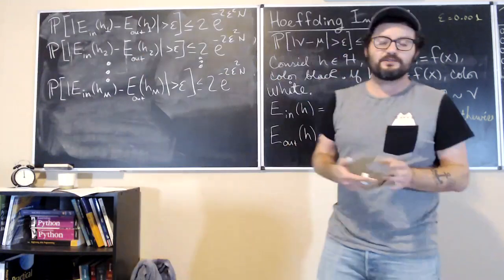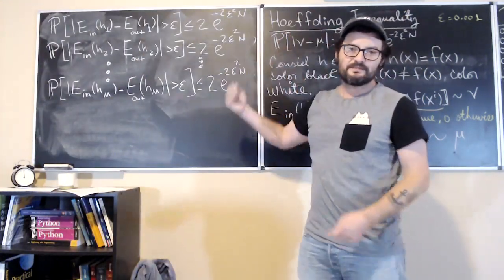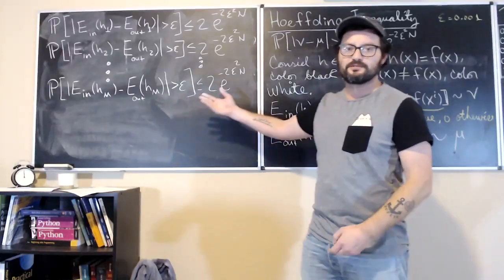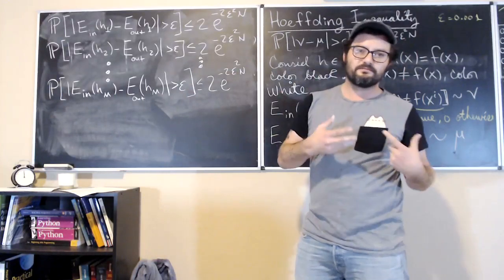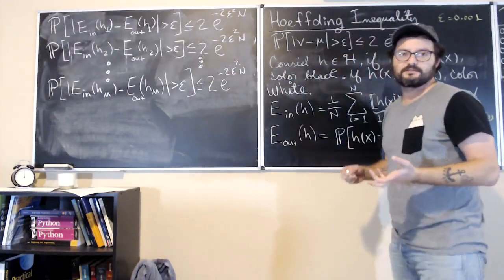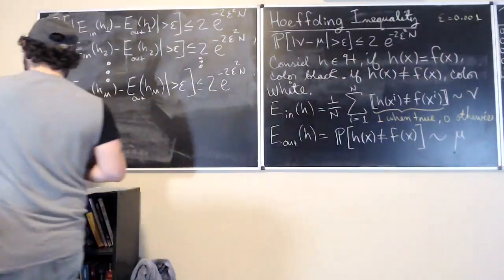Now each time we do this, we color the marbles, and we apply Hoeffding. Then we pick a new hypothesis, color the marbles, and then we can apply Hoeffding. Pick a new hypothesis, color the marbles, pick a new hypothesis. We do that m times, right?